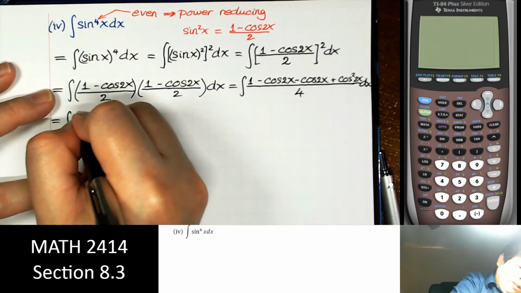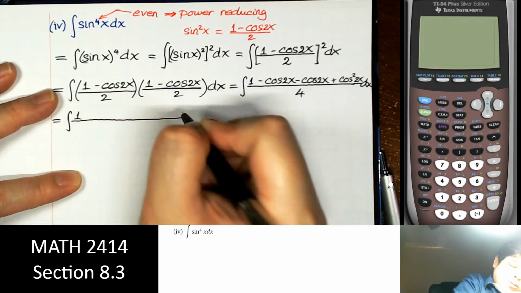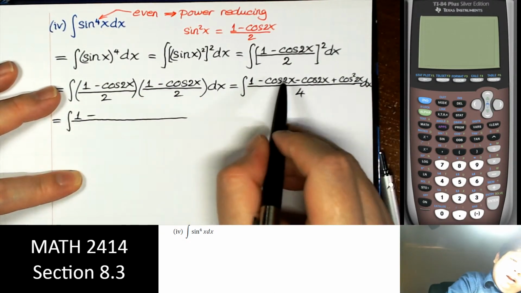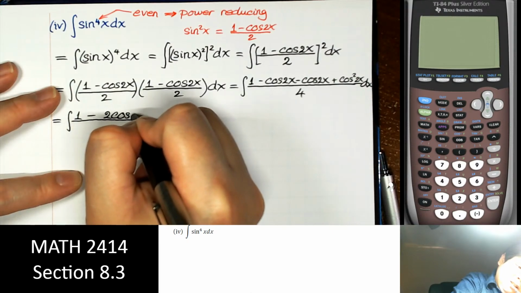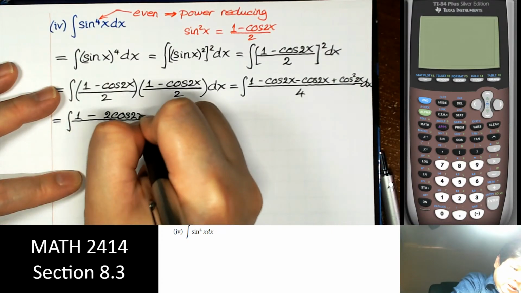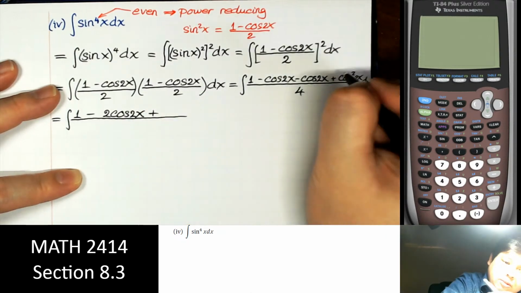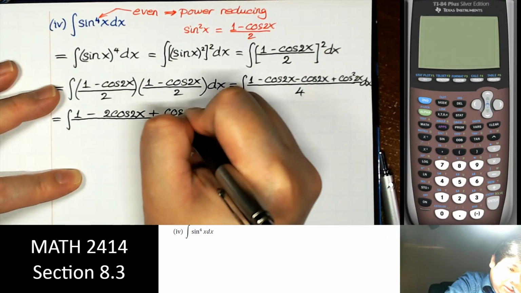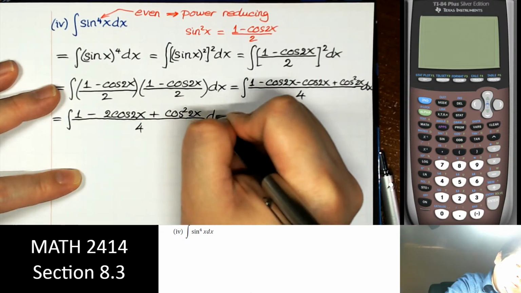So one, there are 2 of them here. And the cosine square of 2x. Right.